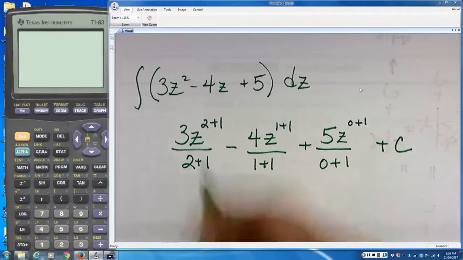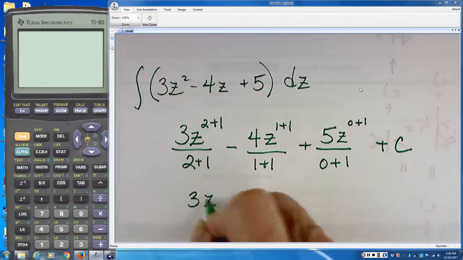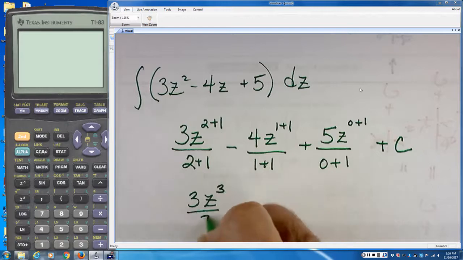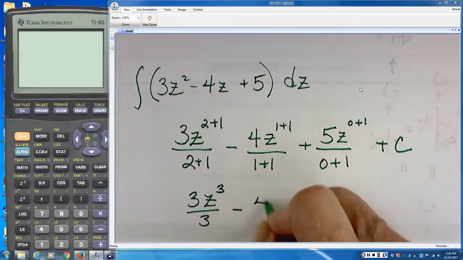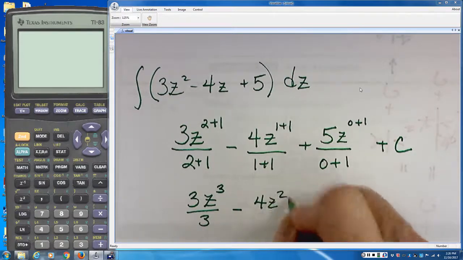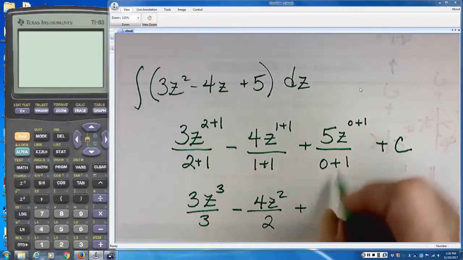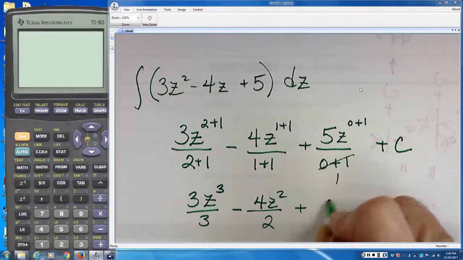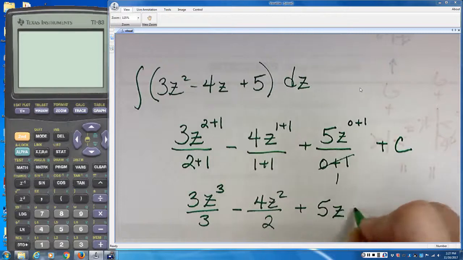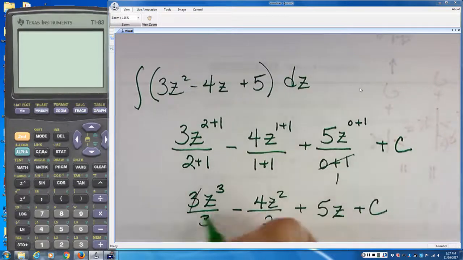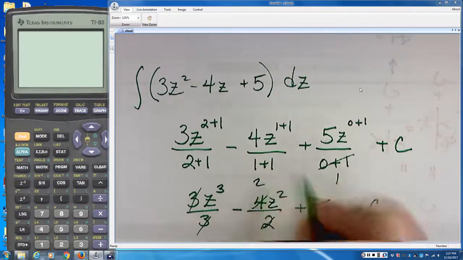So then cleaning it up just a little bit, 2 plus 1 is 3. Minus 4z squared over 2 plus, well, this is just going to be 1, so we're just going to call that 5z, plus a constant. And then the 3's cancel, and 2 goes into 4 2 times.